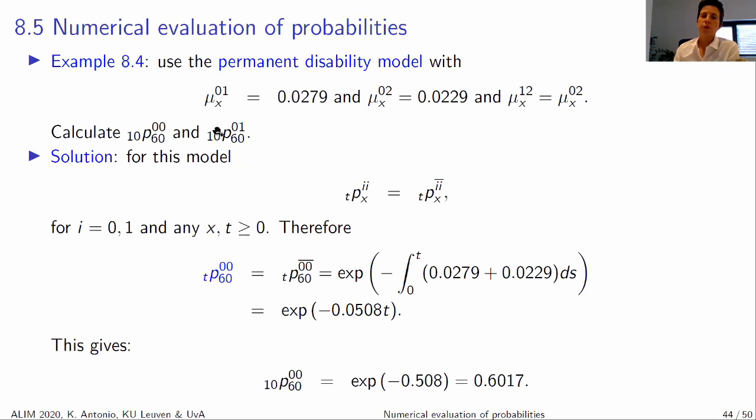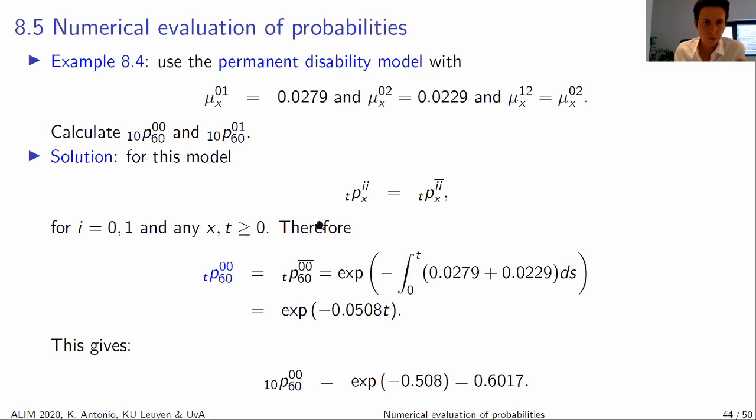First of all, you know for this model that the occupancy probability is equal to the probability without the bar, because if you start in state 0 and have to be there again in 10 years, then the only scenario is that you just stayed there.